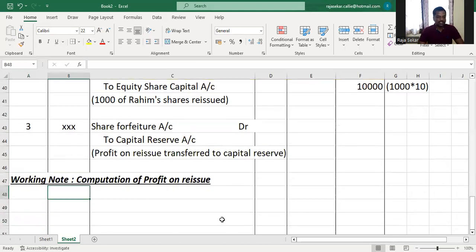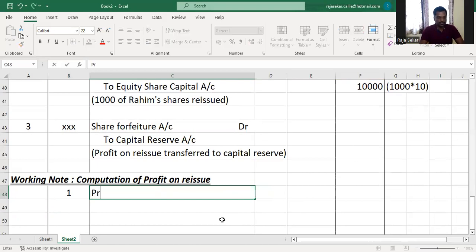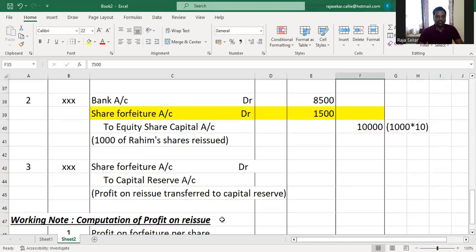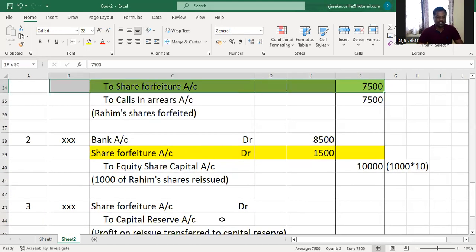It's very simple, my dear children. First, you find out the profit on forfeiture per share. The profit on forfeiture per share here is, the total profit on forfeiture is 7,500. Am I right?